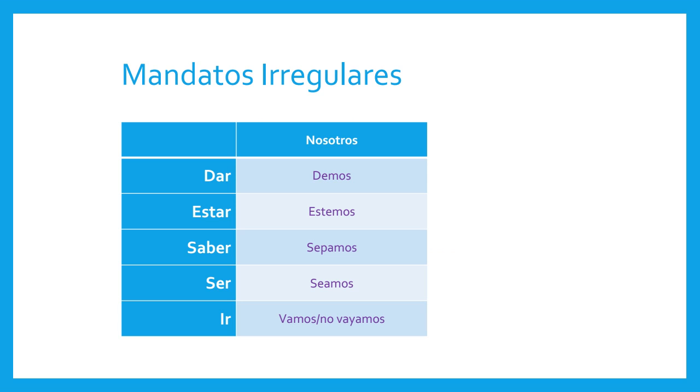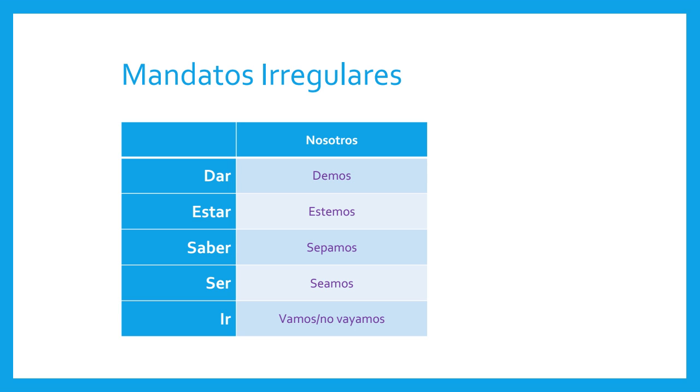And yes, there are mandatos irregulares. So again, you're adding these to a long list of irregulars that you already have. But a lot of these verbs, they're always irregular, no matter what tense we're in. And so at least it's not going to be too hard to remember which ones are going to be irregular. So dar becomes demos, estar becomes estemos, saber becomes sepamos, ser becomes seamos.